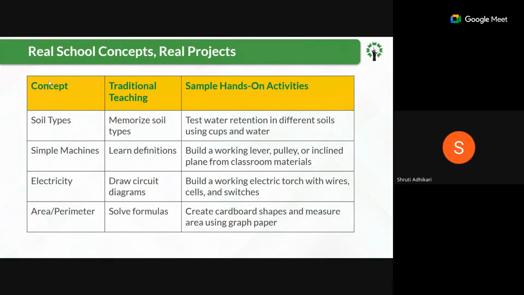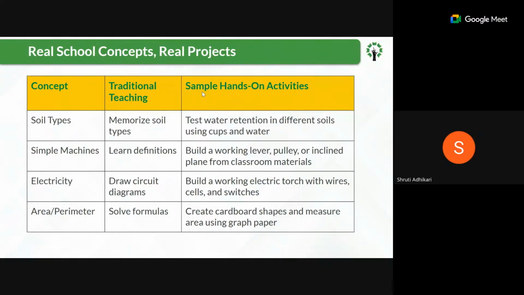For example, the concept here, as you all can see in the table, is soil types. Now, traditional teaching, as I also mentioned a few minutes ago, is just memorizing: these are the different soil types. That's it, right?